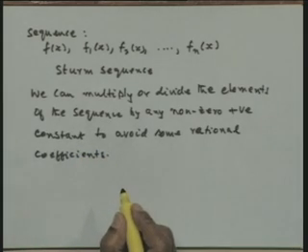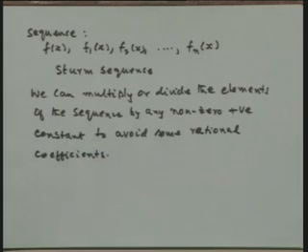The main idea here is to remove the rational coefficients, that is, simplify over divisions.